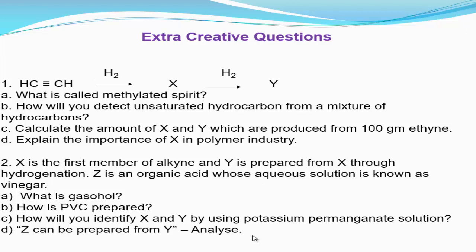You will see these all equations in your book, but you have to just maintain the carbon and hydrogen number of the main organic compound. Here your reactant, that is Y, is the organic compound of 2 carbon, ethane, C2H6. So here your product also will be of 2 carbon. So here just you have to maintain the carbon number.